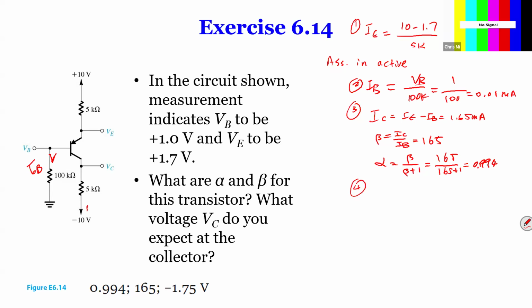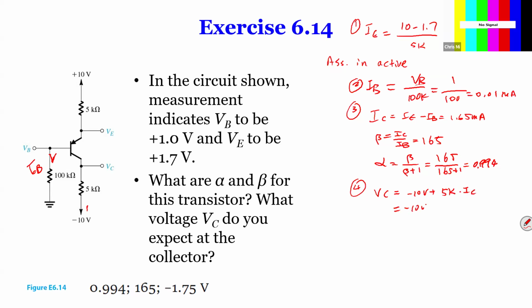The last step is we need to find VC. VE was given. Once we find VC, we have to verify that VEC is more than 0.3 because we are assuming active. So that's the last step we need to do. We already know IC. So VC is going to be negative 10 volts plus the 5K resistance at the bottom times IC.